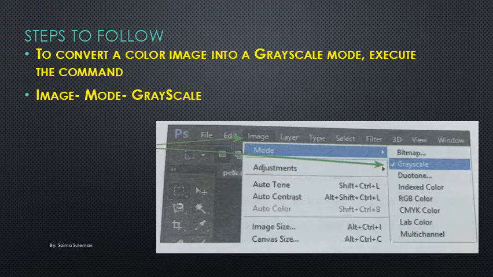Then again, steps to follow. To convert a color image into grayscale mode, execute the command Image, Mode, Grayscale.